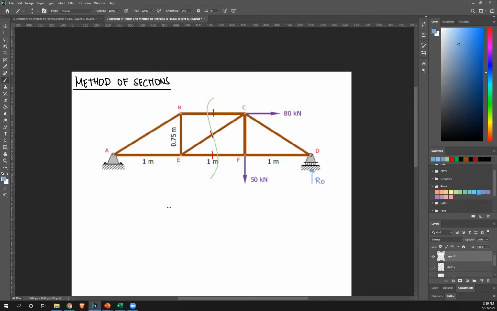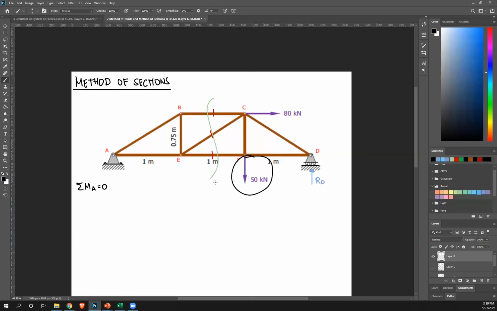So to solve for RD, I'm gonna take moment on the other support, at A. So summation of moment at A equals 0. Since we're taking moment here, I'm just gonna ignore all the reactions here. But for your info, there's gonna be vertical and horizontal reactions. I'm just ignoring it since that's where I'm taking my moment.